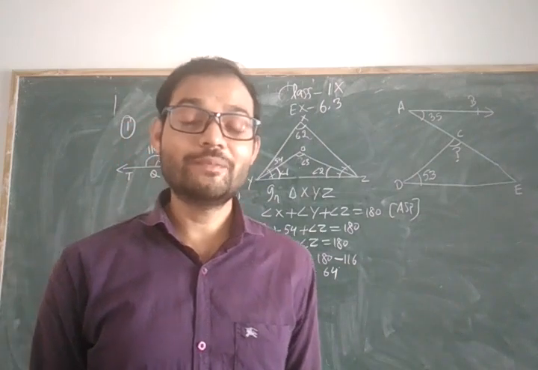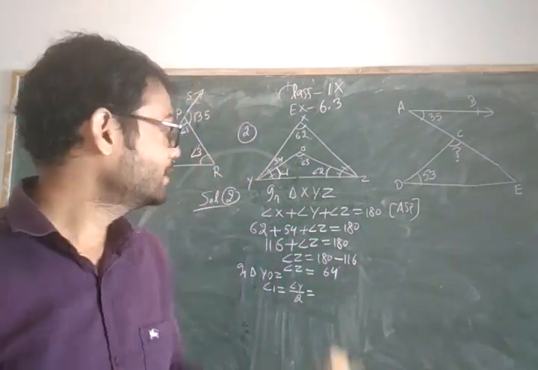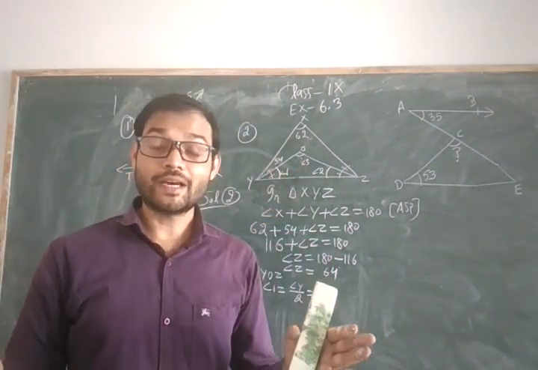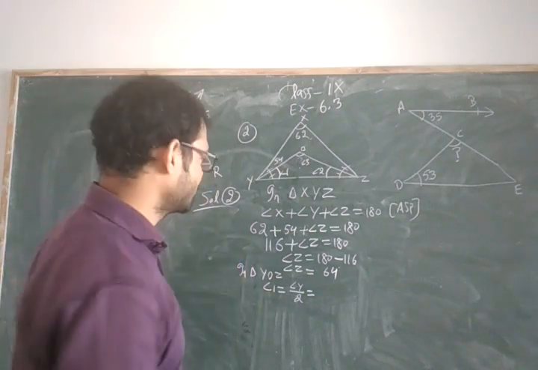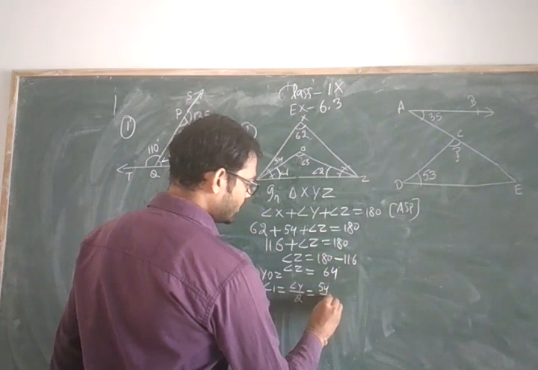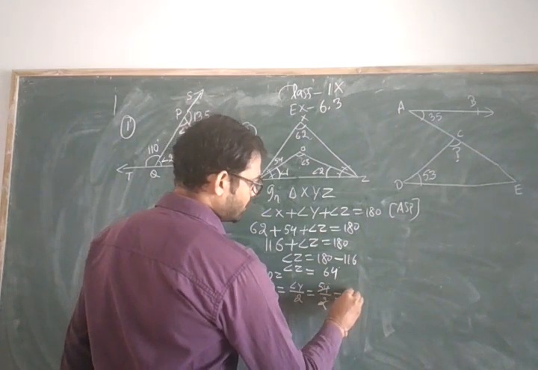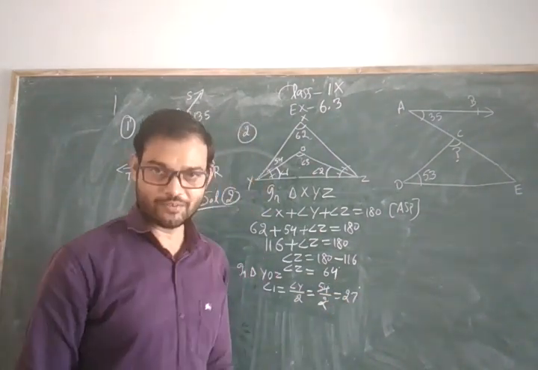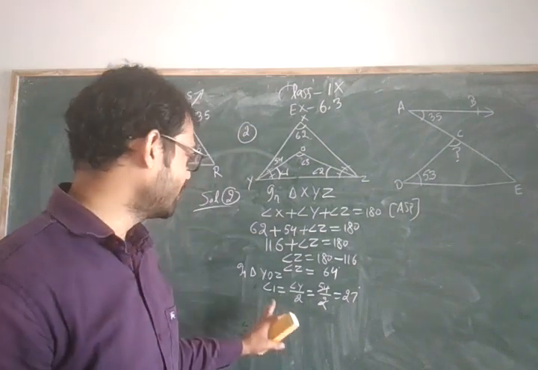Because it is already mentioned in the question that the ray YO bisects angle Y. So angle Y is 54 divided by 2, it becomes 27 degree. So now you have angle 1.